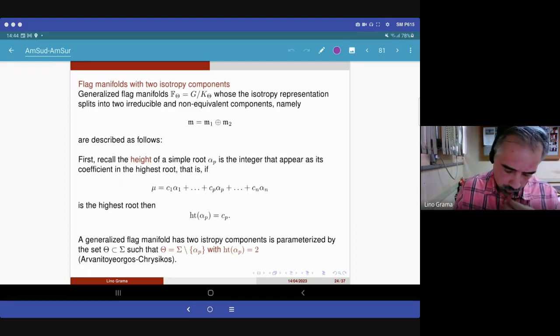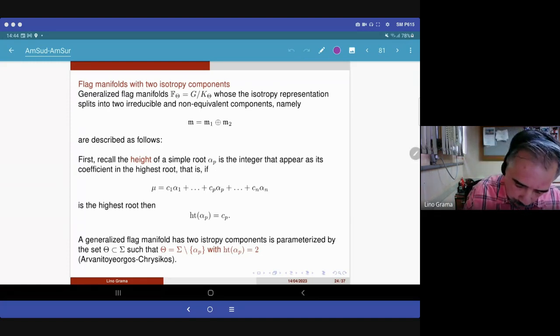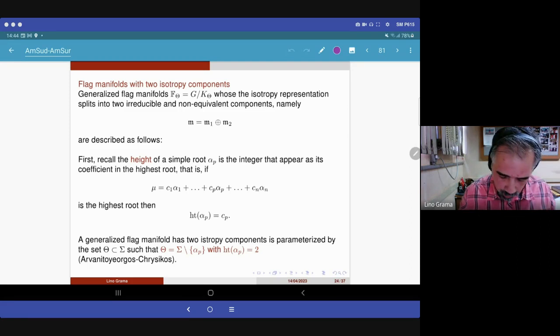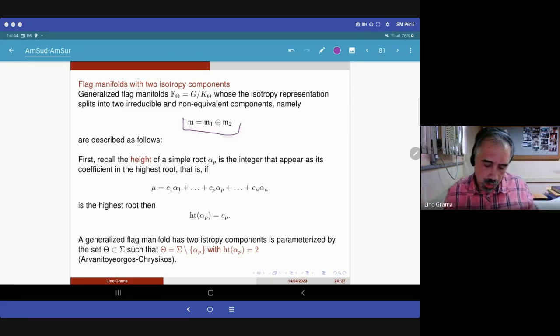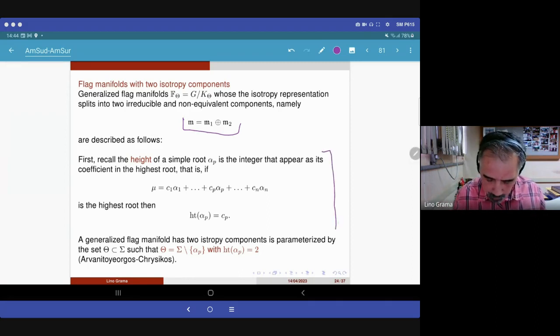How can we parameterize the set of flag manifolds with two isotropy components? We are interested in flag manifolds where the tangent space splits into two pieces. There is a recipe to do this.